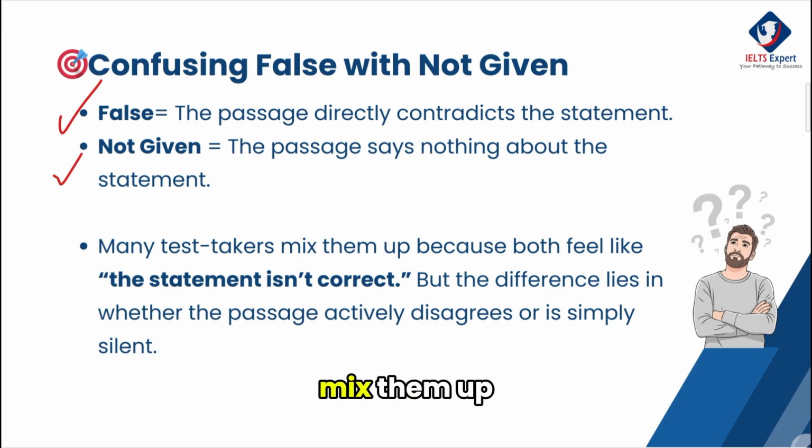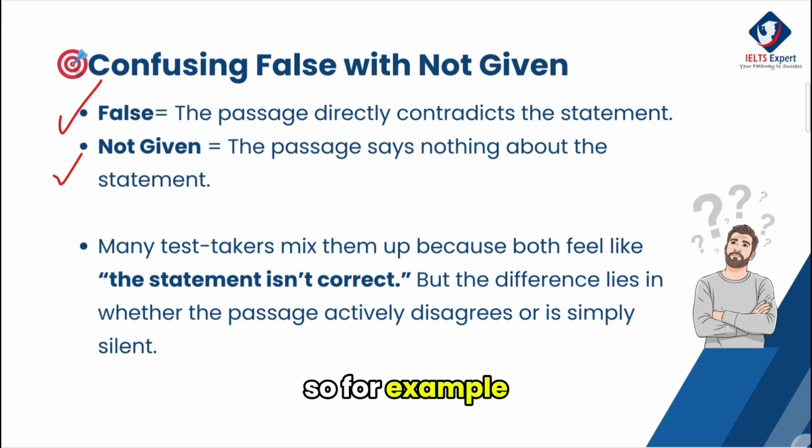Many test takers mix them up because they both feel like the statement is incorrect. When they decide whether the statements are false or not given, many students feel that both types of statements are similar, meaning the statement isn't correct.